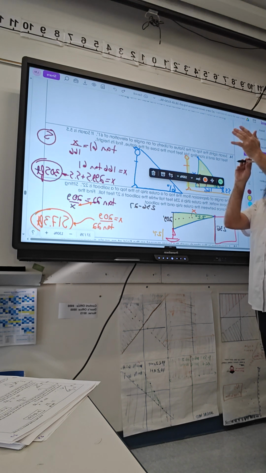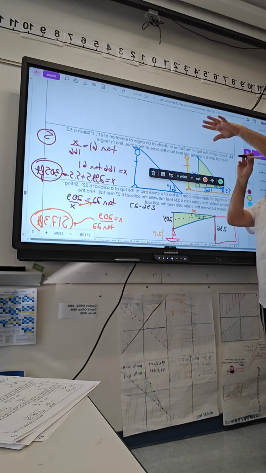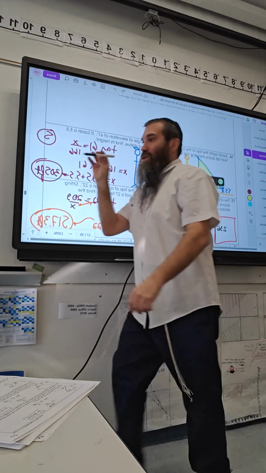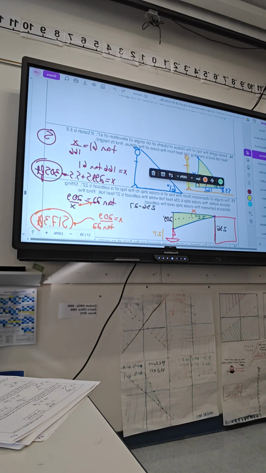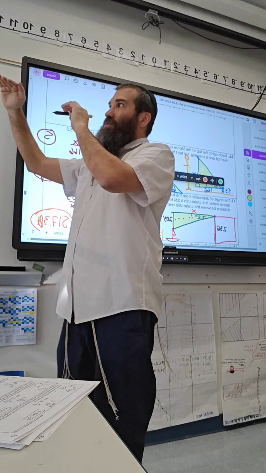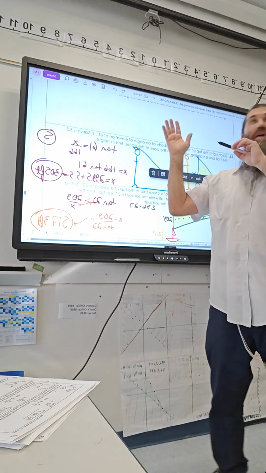We come up with an answer and it says 6 feet. That 6 feet represents from here up. But you also have to add my height, I'm 5.5 feet tall. So that 6 feet plus my 5.5 feet makes 11.5 feet.